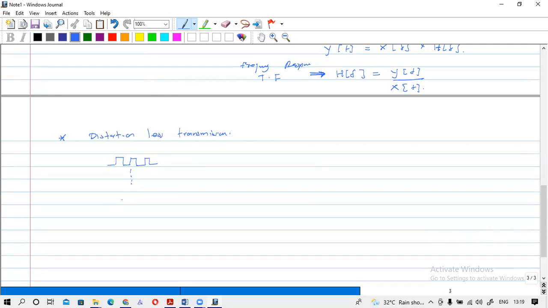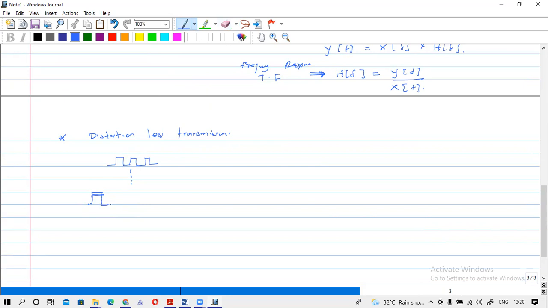It can be shifted, delayed by time, no issue, and the amplitude can be constantly varied. So maybe it is shifted and the amplitude can be changed, but that change should be a constant.